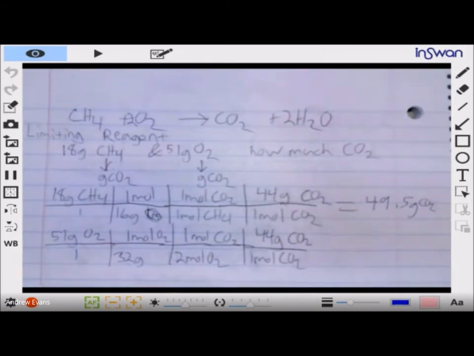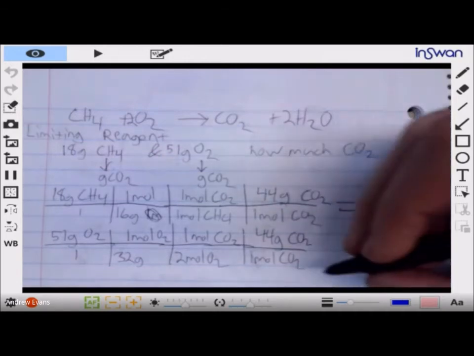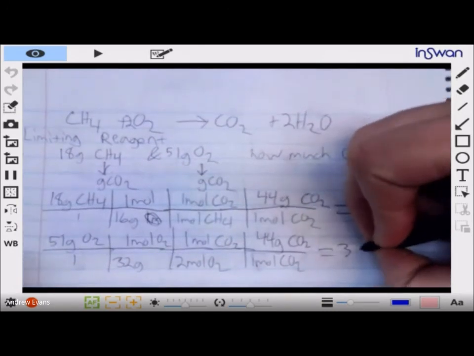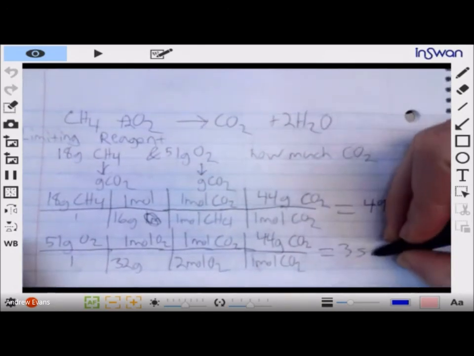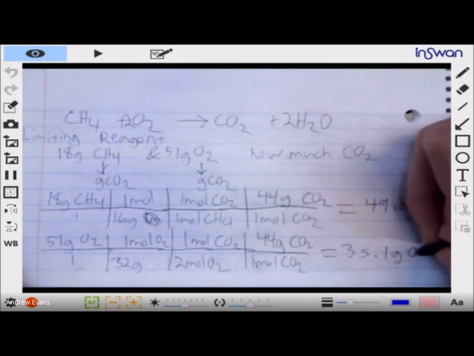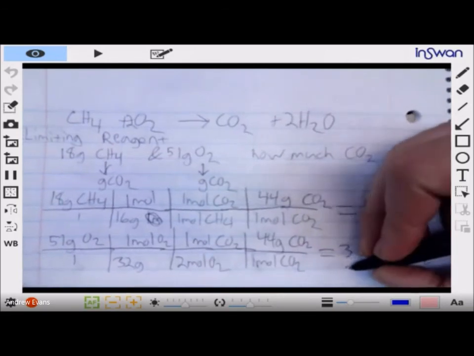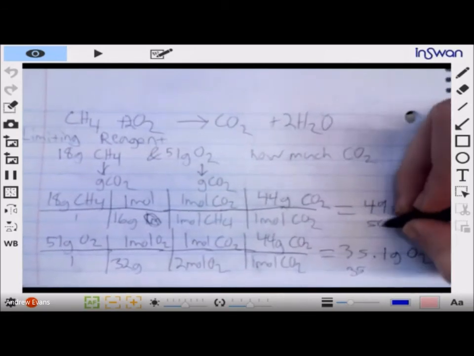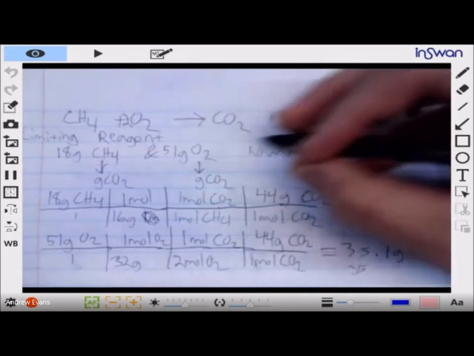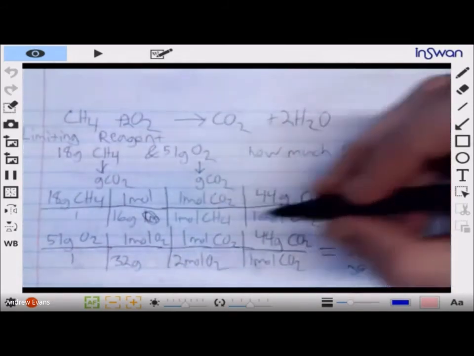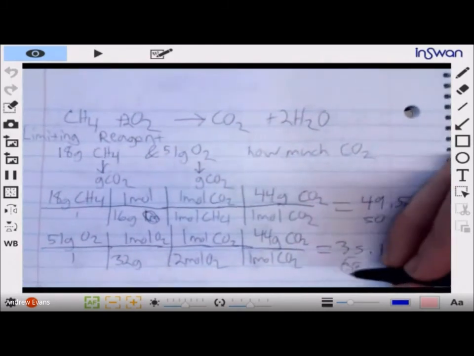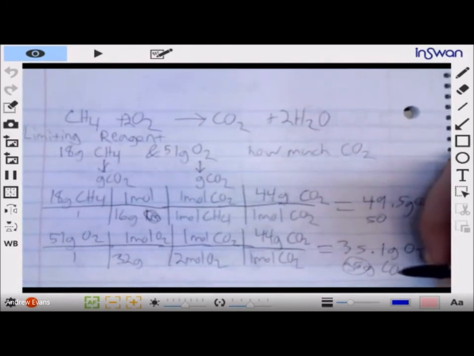If I burned all 51 grams of oxygen, so 51 divided by 32, divided by 2 times 44, I would only get 35 grams of CO2. So really it's 35 and 50. 2 sig figs. So 35 grams of CO2 would be my answer.